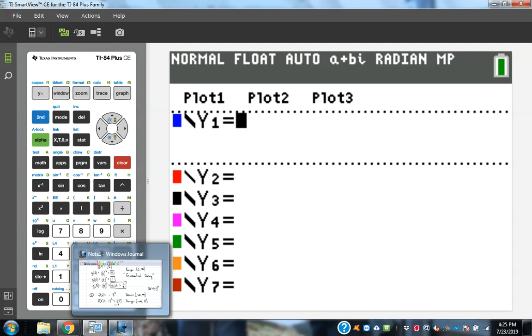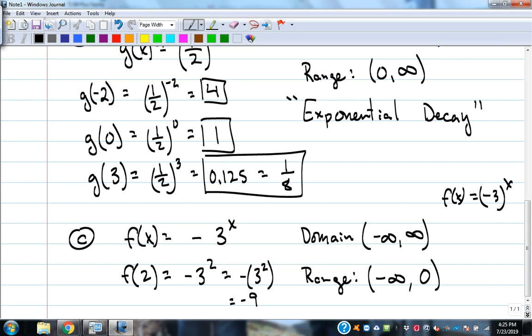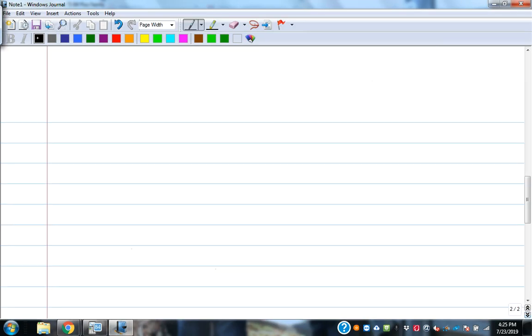When we're dealing with exponential functions, we're going to deal with a base and then manipulate that from there. Let's look at what other transformations can happen. F of x is equal to 3 to the x plus 2. So the plus 2 is inside of the exponent there.